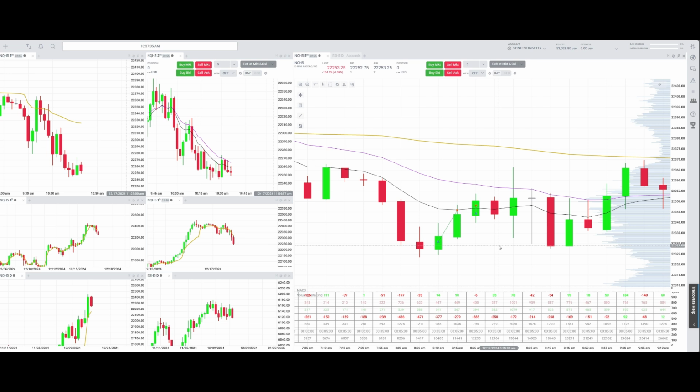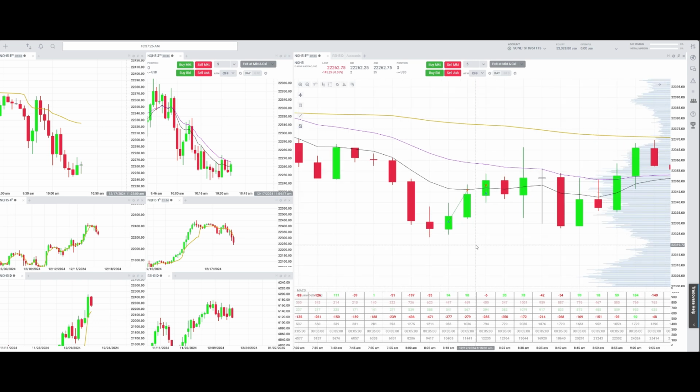So the only real reason that I wanted to install a footprint chart anyways was for the delta. And I like to play reversals, mean reversion, whatever you want to call it, and use that in my trading style. And I'll go over that a little bit in depth today, but that's the backstory as to why I instituted this onto my chart.